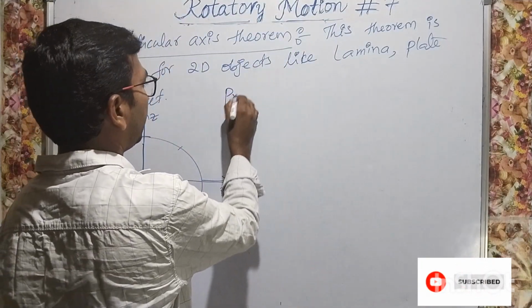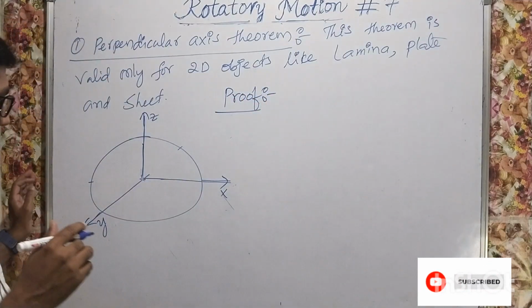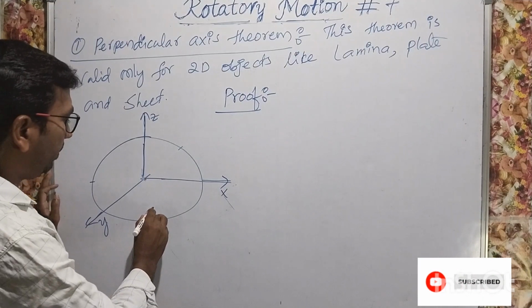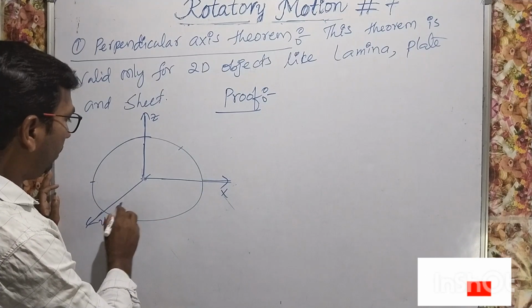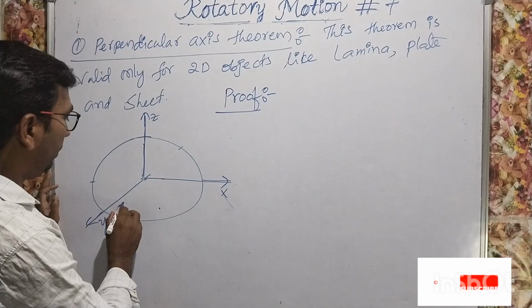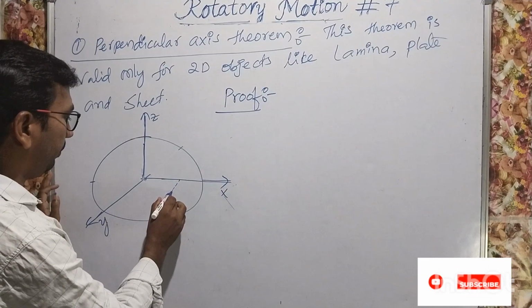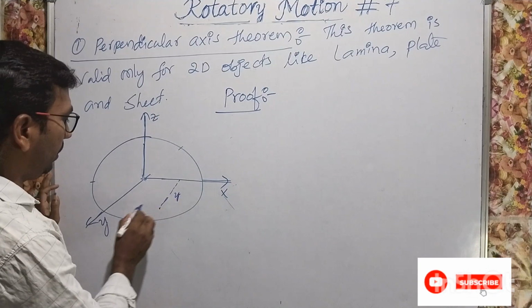Next, proof of the perpendicular axis theorem. I will consider a point. From the x-axis, this distance I will consider y.